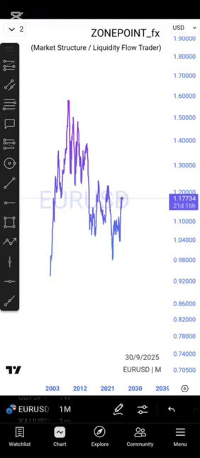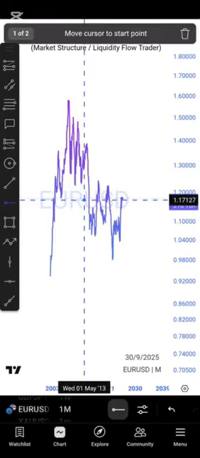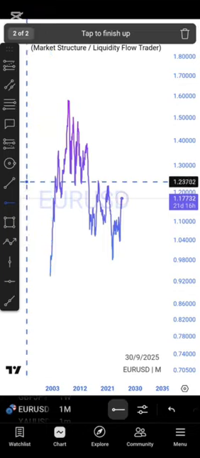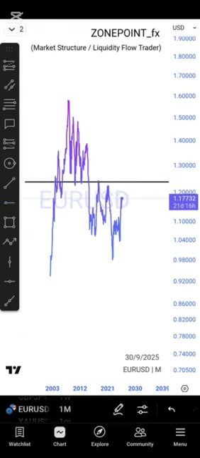You can agree with me that there is this level at the middle here. And note again, when you are marking a key level, it is not just a line alone, it is like a box. So after this line, we change it to candlestick to mark a box to the upside and a box to the downside.